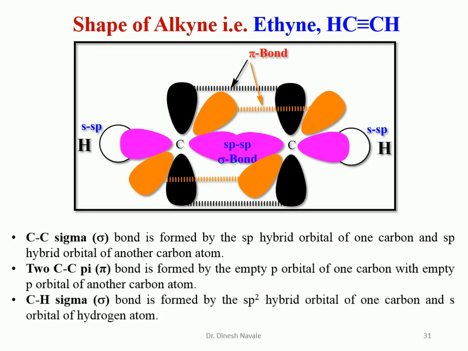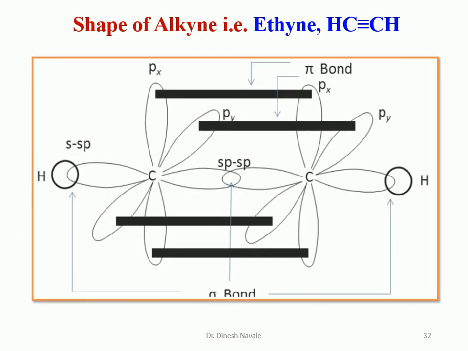Whereas a CH bond is formed by the sp hybridized orbital of one carbon atom and the s orbital of the hydrogen atom. So both carbon-hydrogen sigma bonds are formed by sp of carbon and s orbital of the hydrogen atom. So these are the shapes of ethyne.